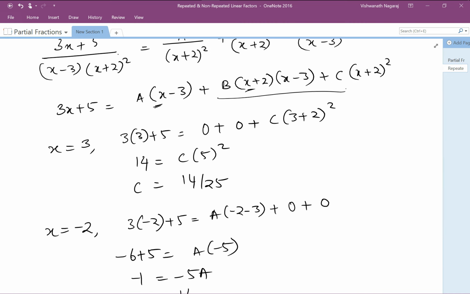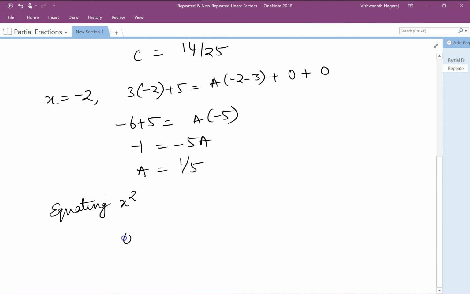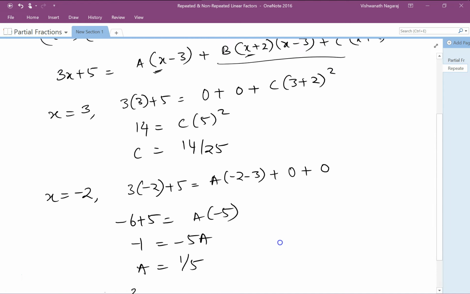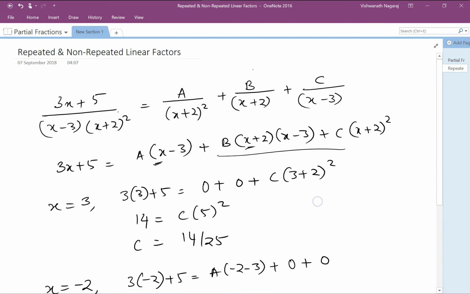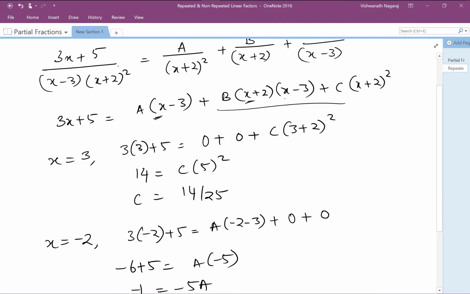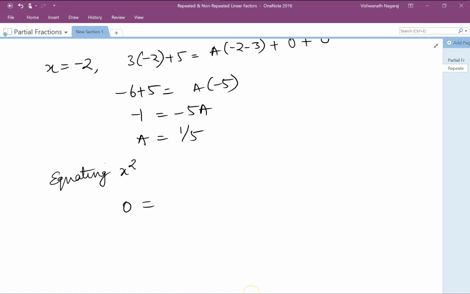Or what you can do is, here there is no x square, so let's write 0 is equal to, now here if you multiply x and x, this will be x square, nothing else will lead to x square. So bx square, and here also x square. So you can do that step mentally and write it down.